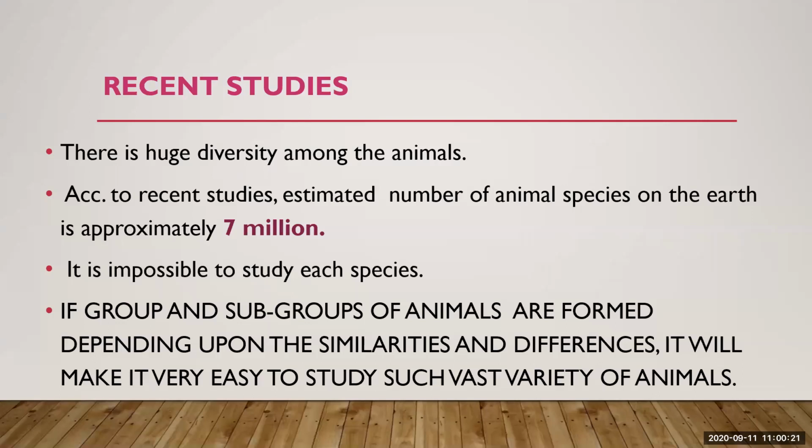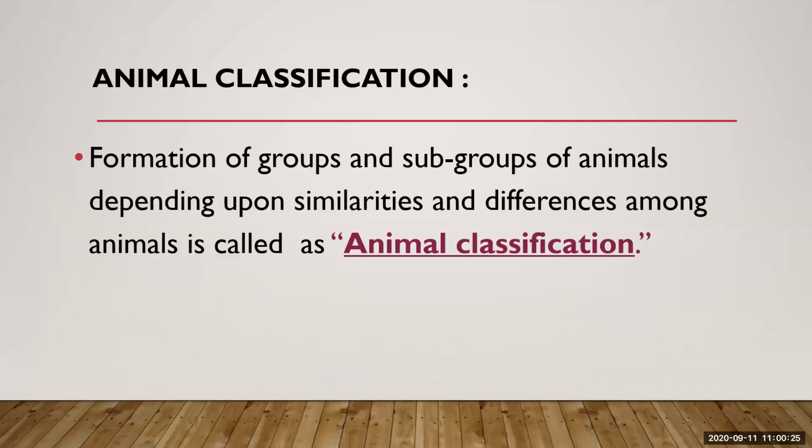So differentiation of animals into groups and subgroups is nothing but animal classification. See, formation of groups and subgroups of animals depending upon the similarities and differences among animals is called animal classification. Okay. So this is the animal classification, formation of groups and subgroups.